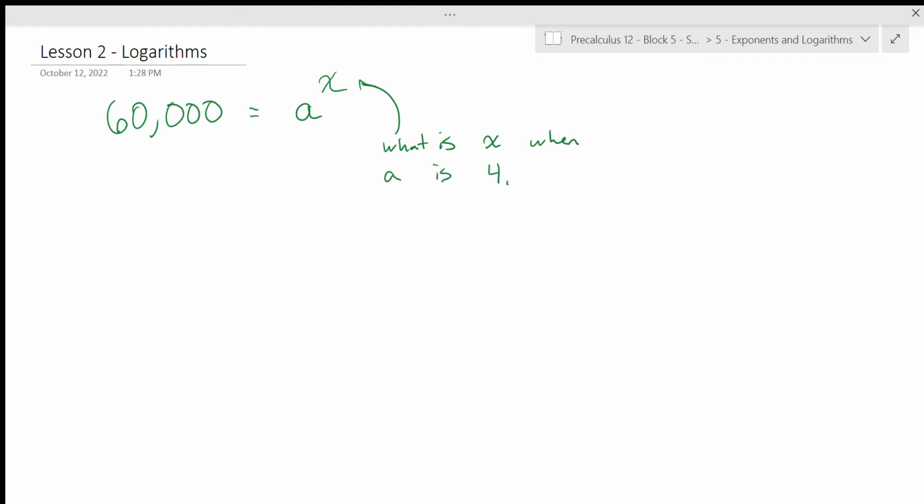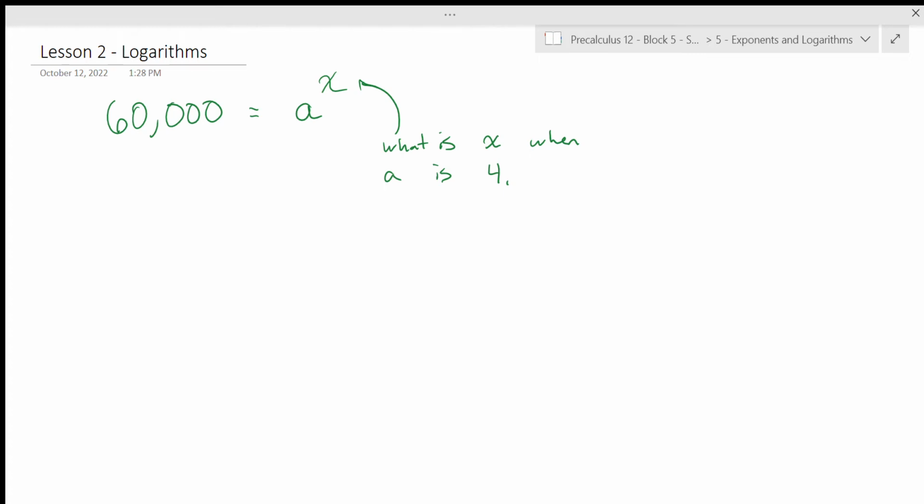And the cool thing is we can do it in a way where you don't have to guess and check. So what if our exponent is actually like a decimal or a fraction? We can actually work that out exactly. And it's using a really cool function called a logarithm.